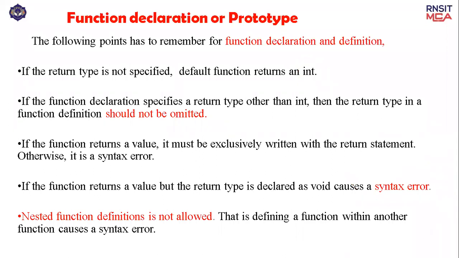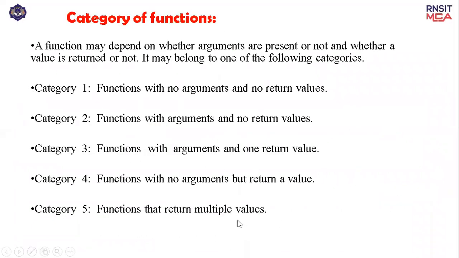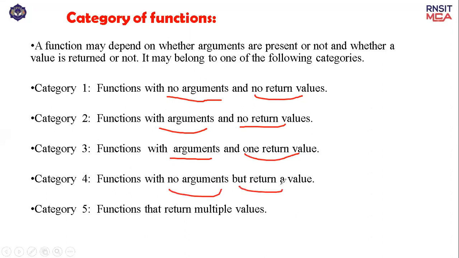And what are the categories of functions? There are 5 categories. You can see the first category is no argument, no return type. There are some arguments, but no return type. There are arguments, and one return value. There are no arguments, but return value.